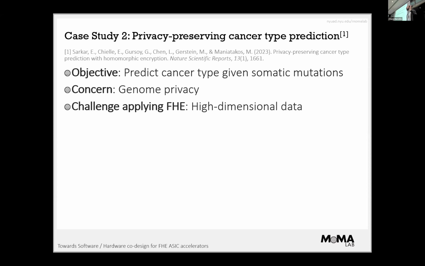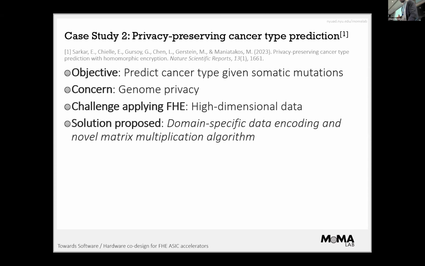And then the input, the SNPs, single nucleotide polymorphisms, that you need to give to the system to get the answer back is in the order of thousands. So having so many dimensions makes it impossible to just blindly apply FHE without thinking too much about it. So the solution we have is to play with the encoding.